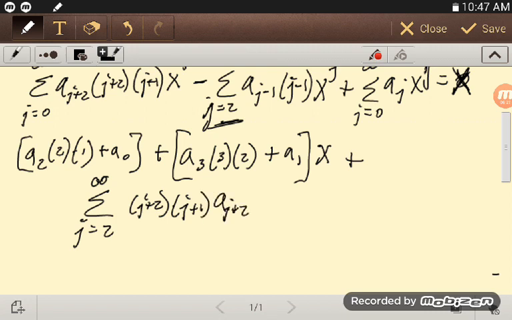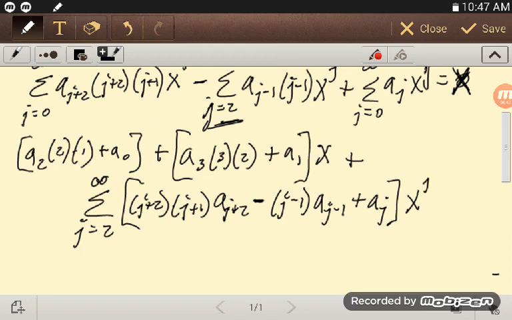So you see this gets just long and tedious. Then I have a minus j minus 1, a sub j minus 1 for that, and a plus a sub j. So I have all of that times x to the j. And then this whole thing equals x cubed.